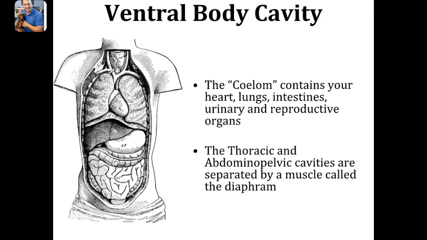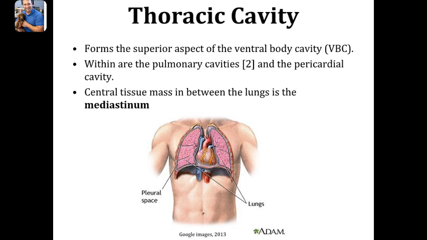Down here, we've got your intestines and your liver and your stomach, spleen, all that stuff. Breaking it down further, the thoracic cavity is in the superior aspect of the ventral body cavity, or you can refer to it as the VBC, the ventral body cavity.